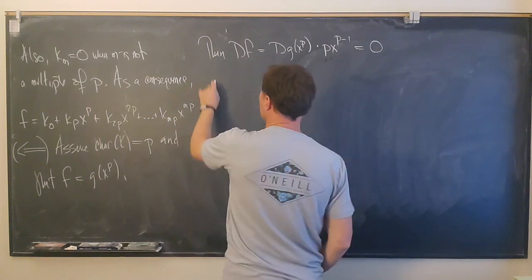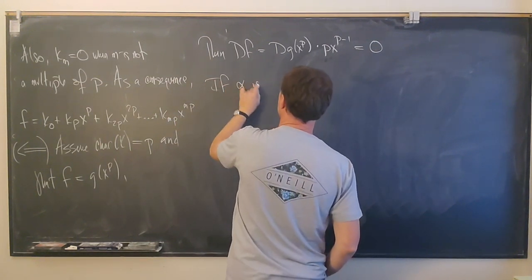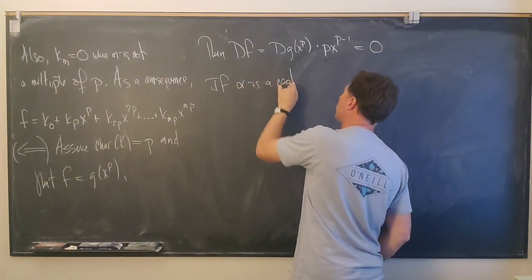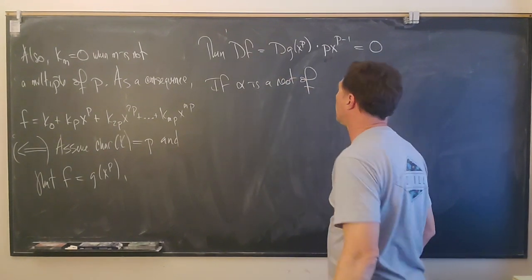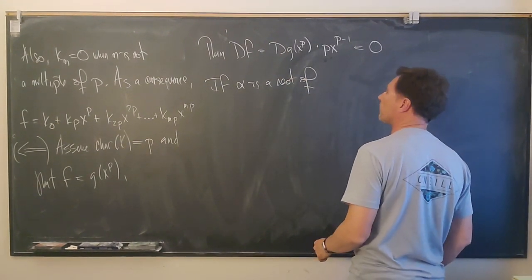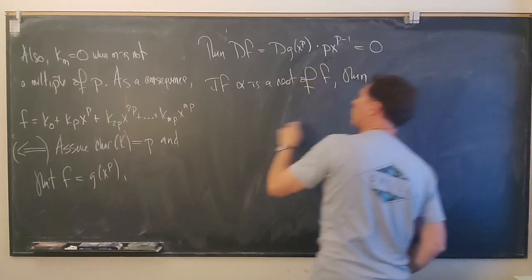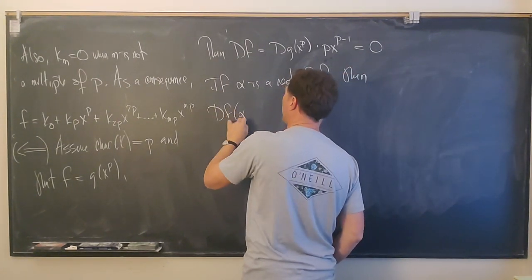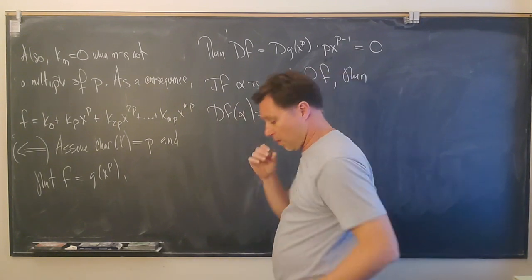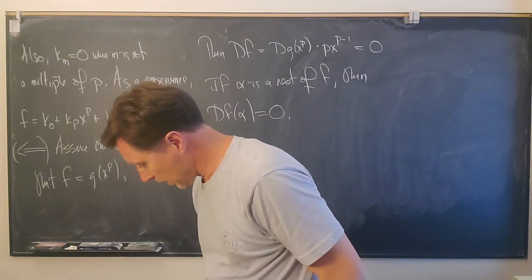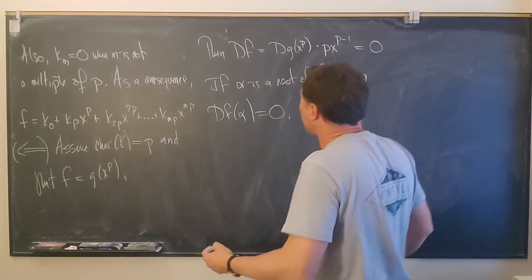So if alpha is a root of f, then of course df of alpha equals 0 as well. And so what does that tell us? It tells us that alpha is a multiple root.